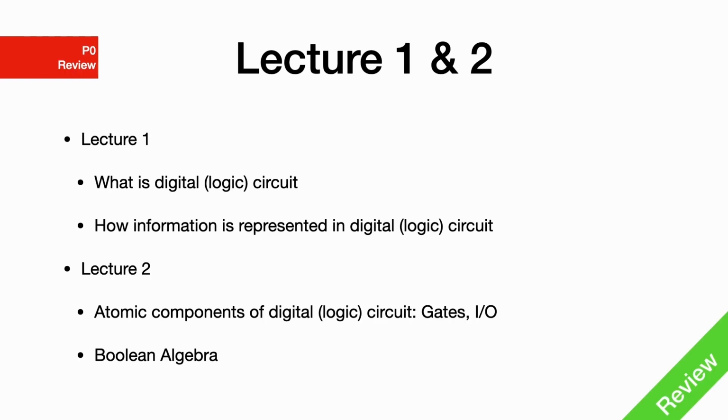Recall what we did in Lecture 1 and 2. Lecture 1 is actually all about how information is represented in digital or logical circuits, as well as what exactly is a digital or logical circuit. Namely, information is represented in digital circuits with binary signals, and these binary signals are represented inside your digital circuit using voltage values.